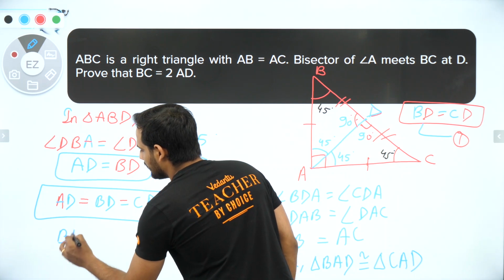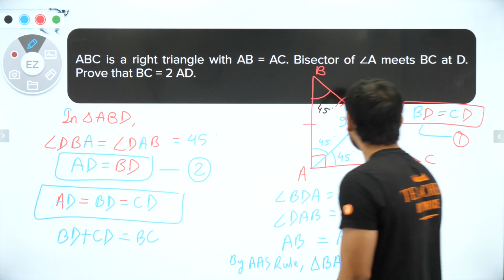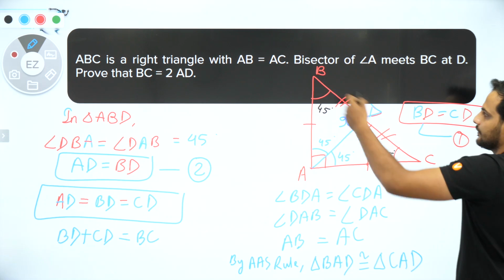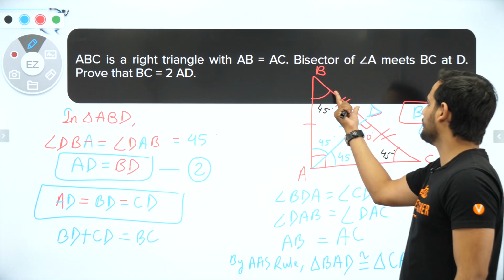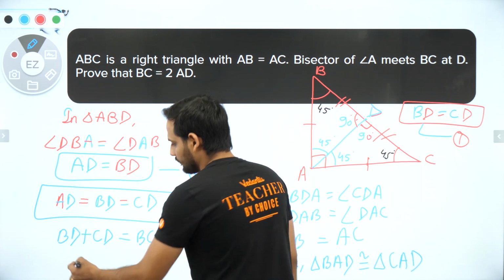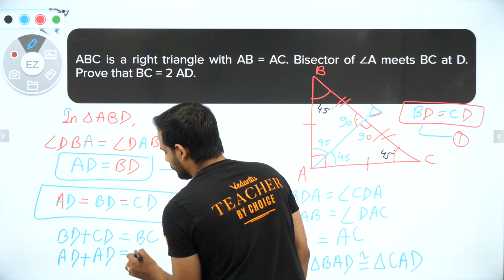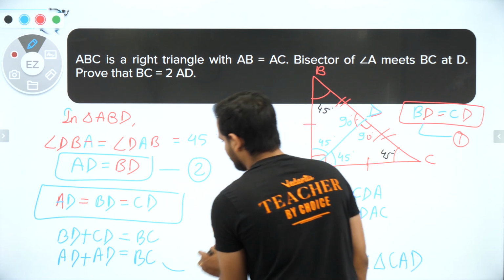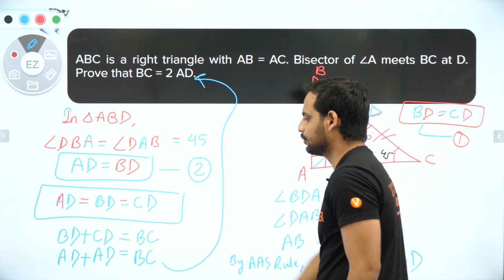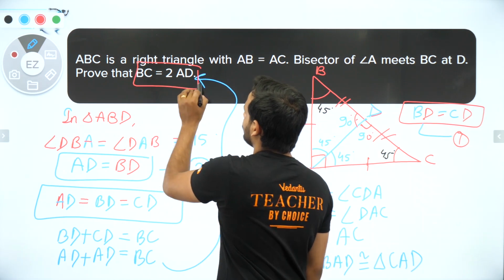So in place of BD and CD, can I write AD because all are equal? Yes, I can write. So AD plus AD is equal to BC. So this is nothing but 2AD is equal to BC, and hence proved.